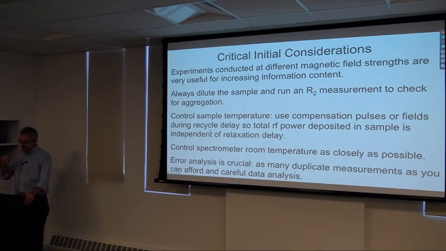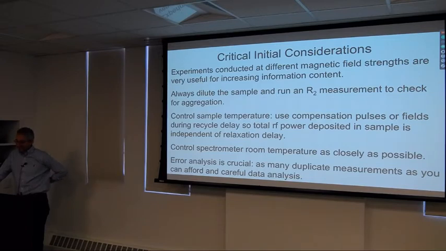And then at the end of the day, one is almost always comparing analyses between one or more different states of the sample, with and without ligand, different temperatures, wild type versus mutant, and your ability to make comparison is going to depend on error analysis.